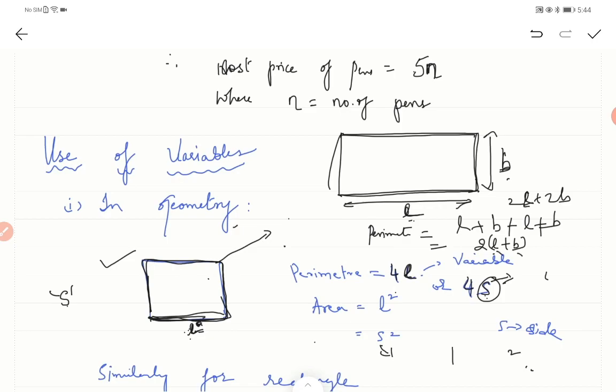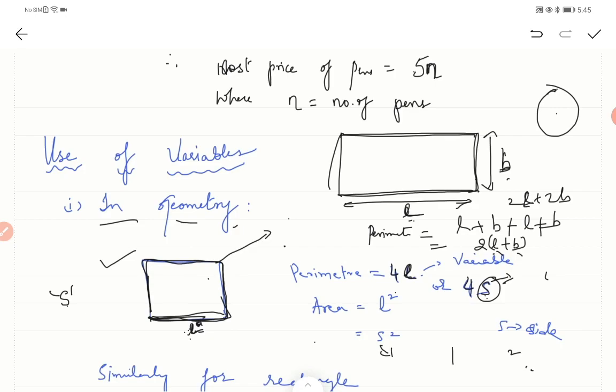So what are this L and B? They are again variables. They can hold any kind of number. That's how variables are used in geometry. Any kind of figure, like a circle, the perimeter of the circle, the area of the circle, in general you represent in terms of variables.